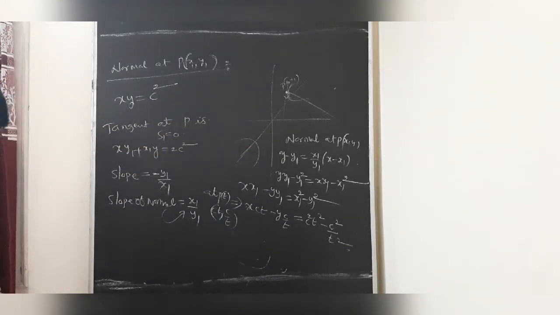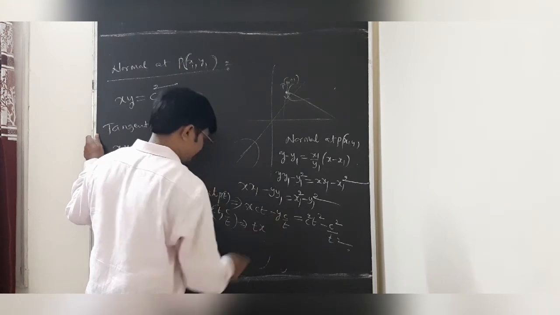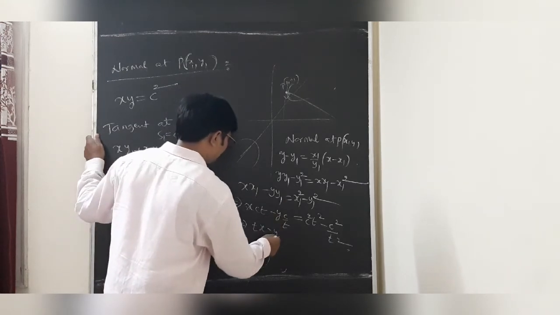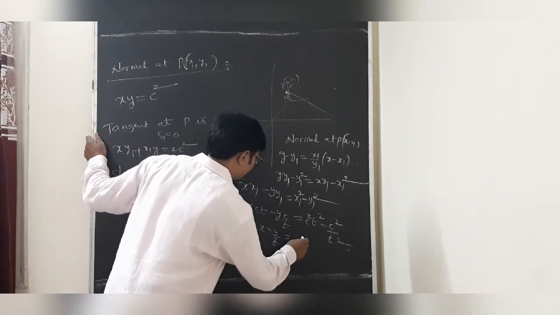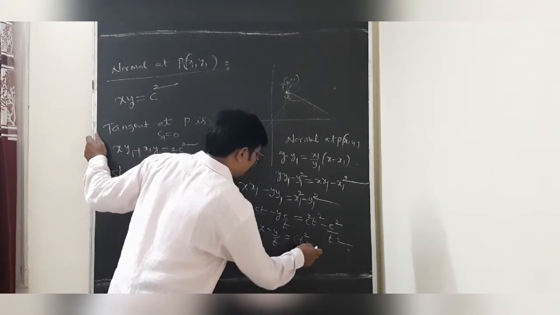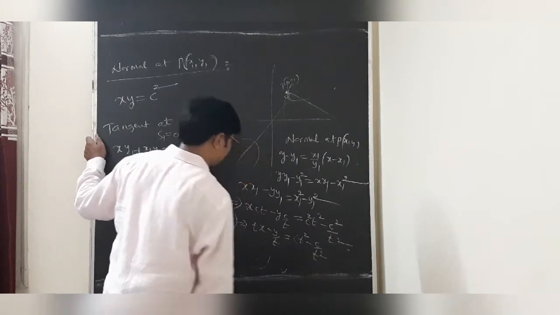So dear students, now divided by c, that is how to write px, after then y by t equal to c t square minus of c by t square.